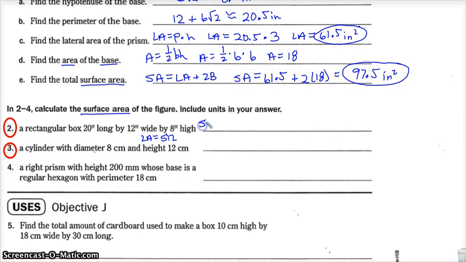Then we can find our surface area, which is the lateral area plus both bases. In this problem, your lateral area was 512 plus your bases, which were 240, for a grand total of 652 inches squared.